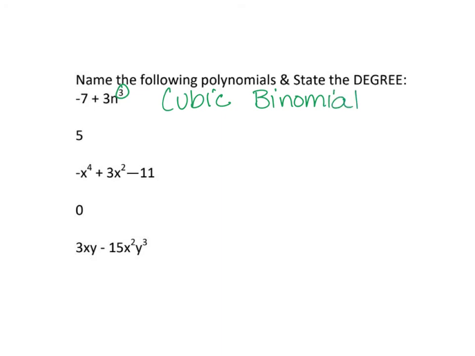And we know it is a cubic binomial because, now when we look at 5, it is what we call just a constant because it's just a number. The next one has 3 terms, so we know it's a trinomial. The largest degree is 4. So quartic trinomial.